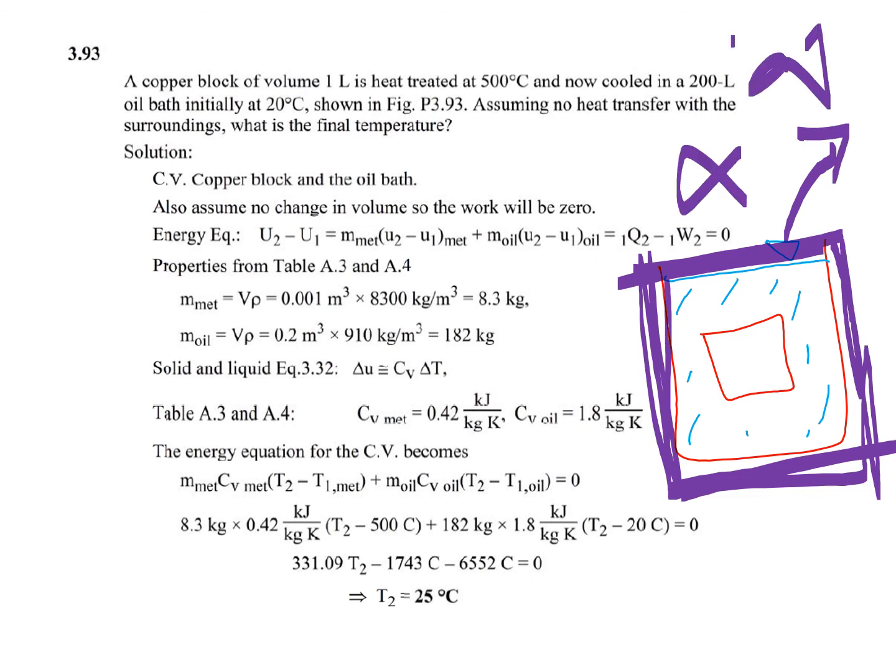So now the total energy is conserved for the system, and we can use the work energy principle. First, we have to know how much energy is contained in a 1 liter copper at 500 degrees centigrade. So we will use this equation to know how much energy is contained.